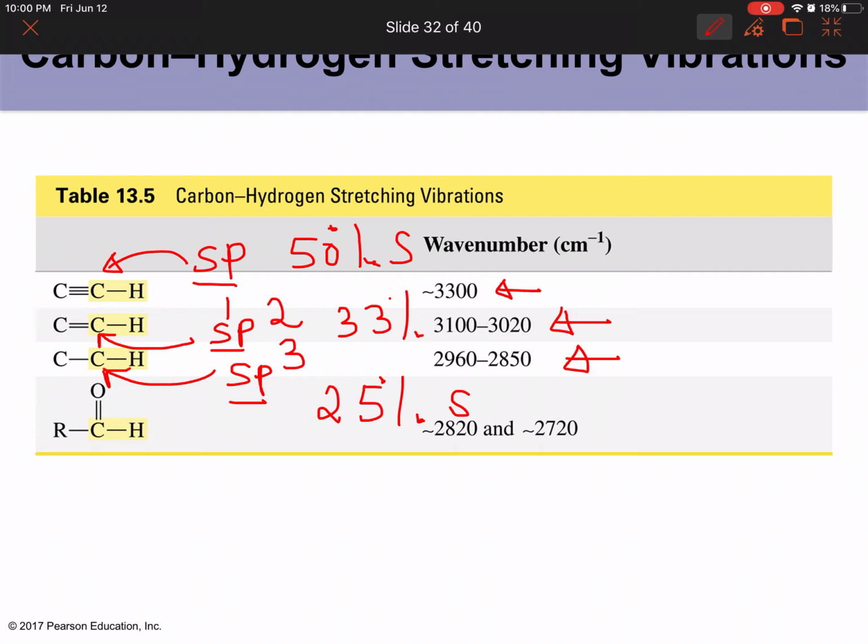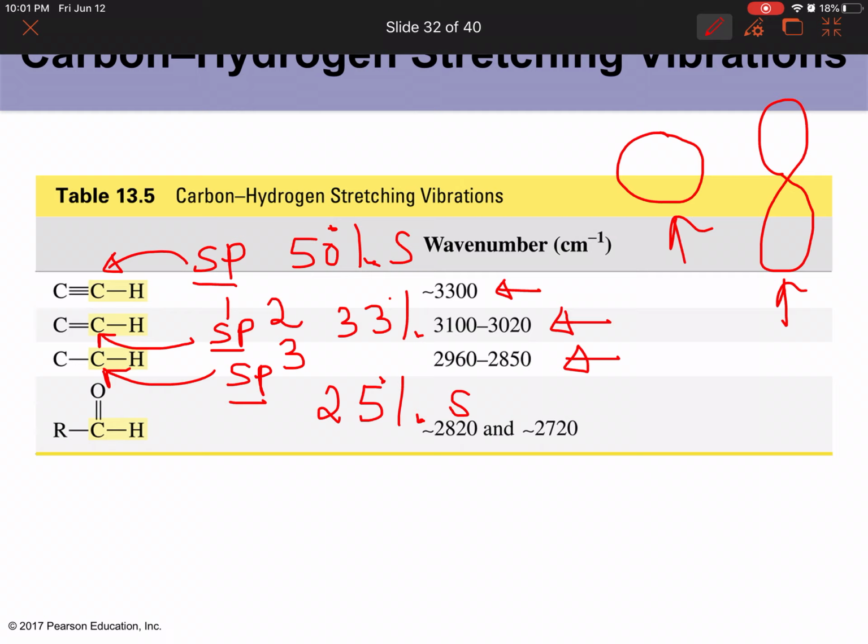So the more s character an atom has, the more it withdraws electrons towards it, making it a stronger bond. Remember, the s orbital is spherical in shape, whereas the p orbital looks like a dumbbell. So in which orbital are the electrons closer to the nucleus? It is the s orbital, because the p orbital extends a little bit away from the nucleus.